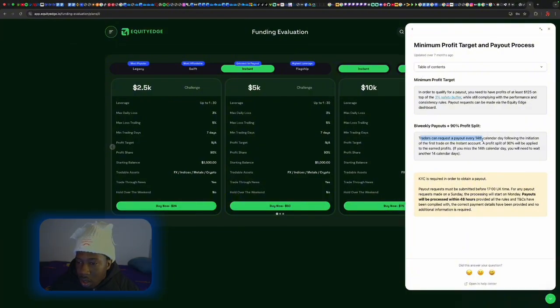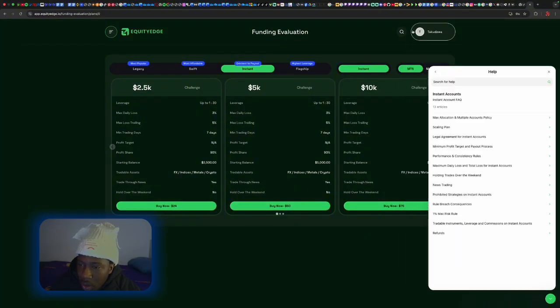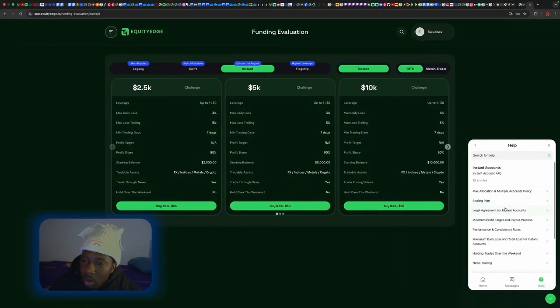Traders can request a payout every 14 calendar days following the initiation of the first trade on the instant account. The profit split is 90%, so it's not a problem, and they'll give you your payout every 14 days.